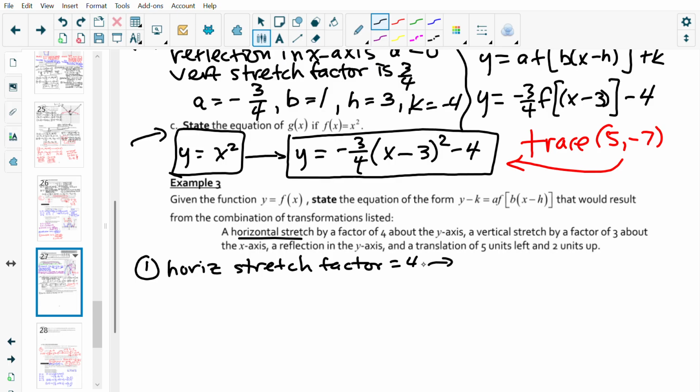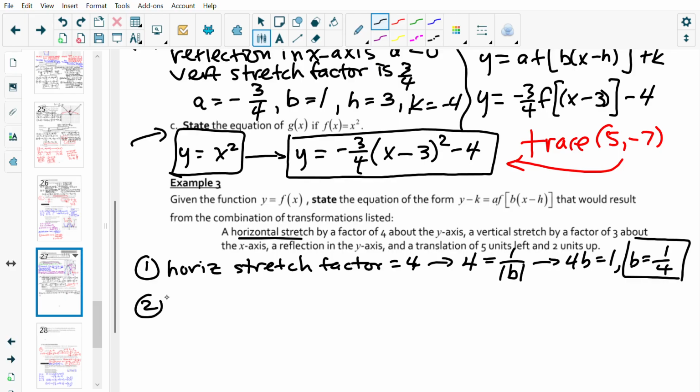That means that's not my b value. Be very careful, folks. 4 equals 1 over the absolute value of b. Solve for b and you get your b value. So that is 4b equals 1, b equals 1/4. Let's bookmark that. Keep that aside.